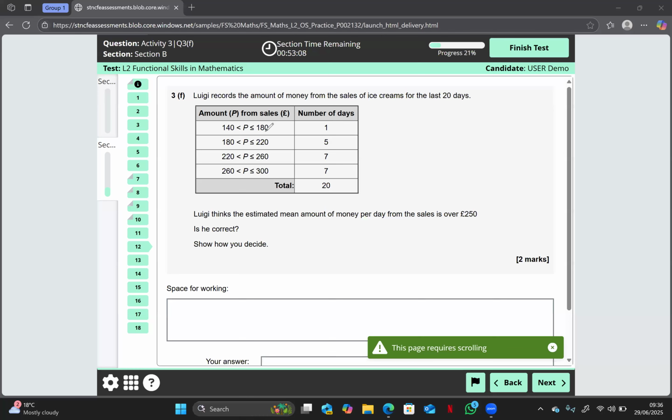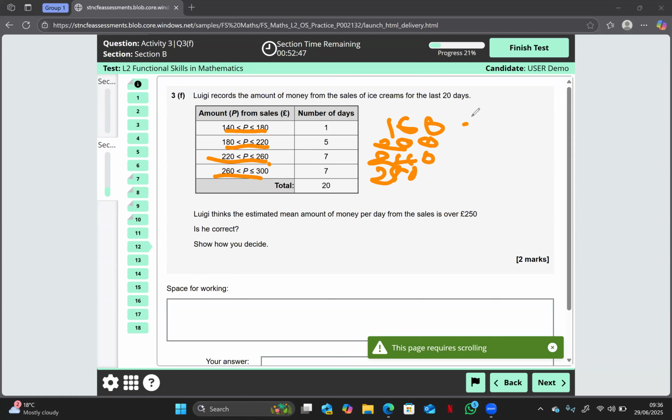So the midpoint of 140 to 180 is 160. The midpoint of 180 to 220 is 200. The midpoint of 220 to 260 is 240, and the midpoint of 260 to 300 is 280.